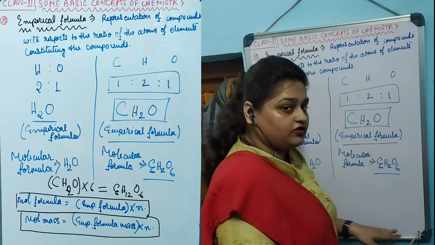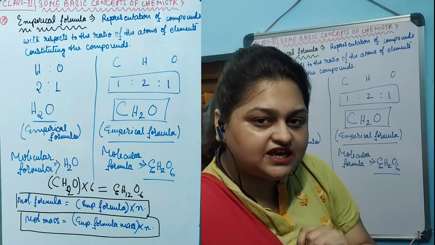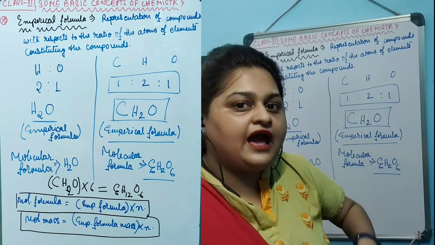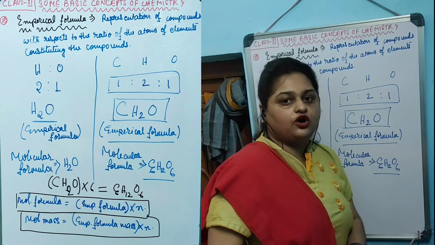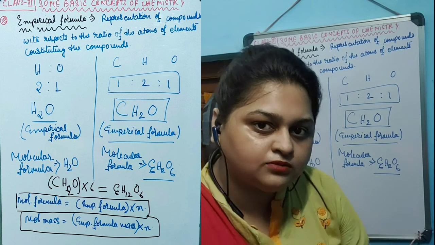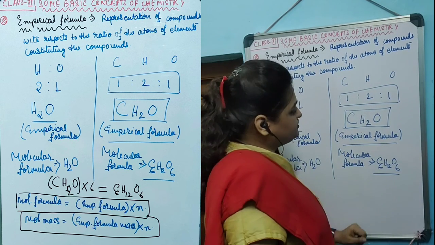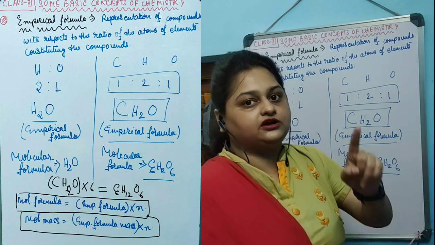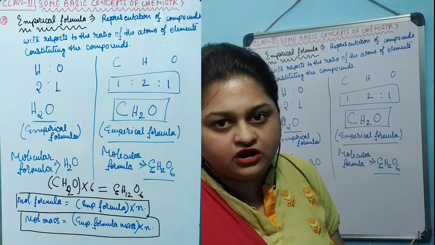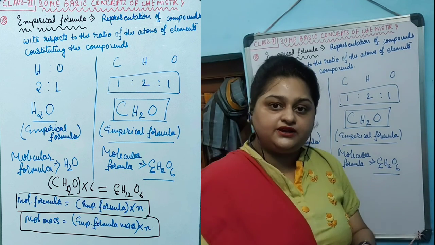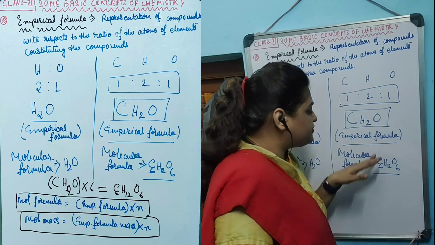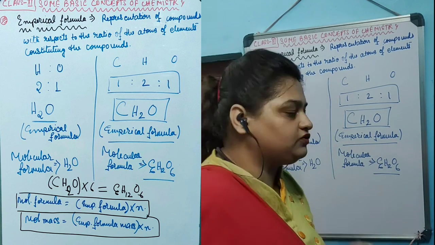This is the molecular formula, which says that 6 carbon atoms are combining with 12 hydrogen atoms and 6 oxygen atoms to produce one molecule of glucose. But the empirical formula of glucose is only saying that carbon, hydrogen and oxygen are combining in a 1:2:1 ratio. That is the difference between the empirical formula and molecular formula.